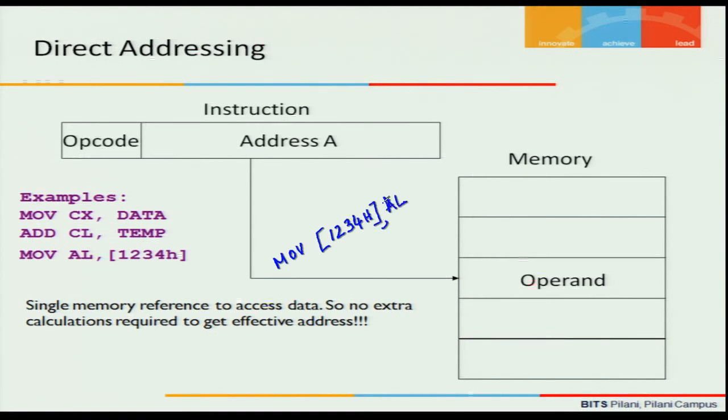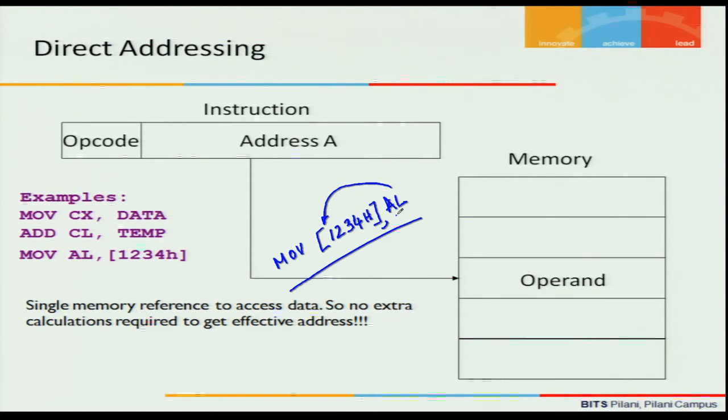The way in which this instruction would work is that the byte size value in the AL register will be moved to a memory location which is in the data segment at an offset of 1234. So this is an example of direct addressing.